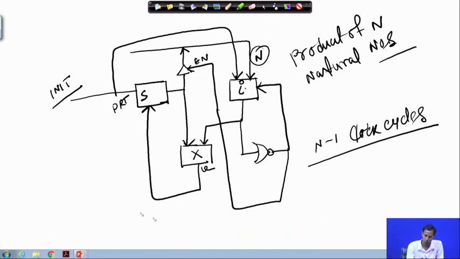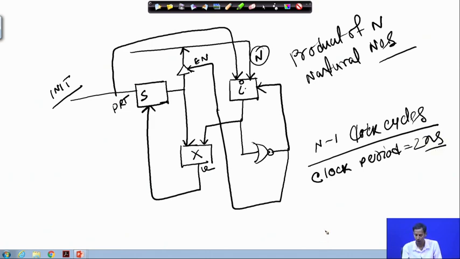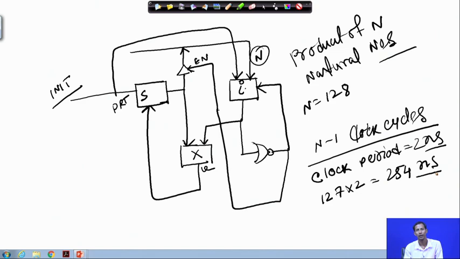So, suppose the minimum clock period is 2 nanosecond and the n value is 128. Then 127 into 2, that is 254 nanosecond, I require as a computation time for this particular circuit.